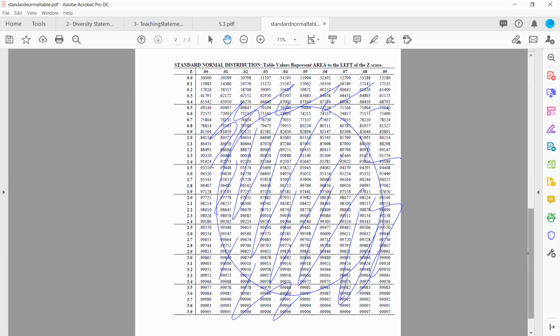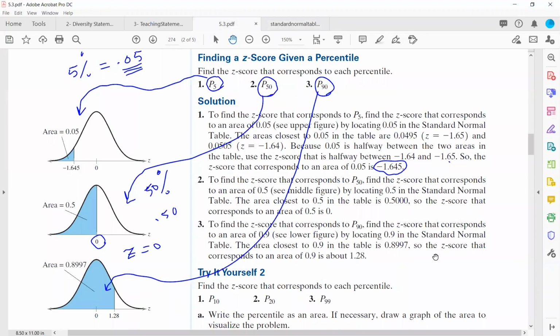The closest number to 90% is going to be 0.89973, or you can work with 0.9147. So the z-value that corresponds to this area is 1.28, 1.29. By taking the average, you can actually find the z-value.